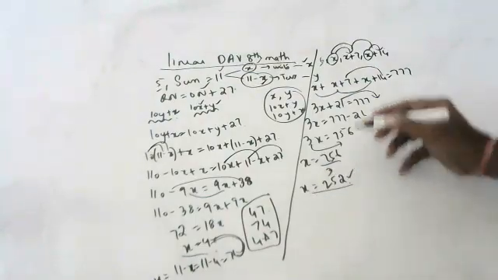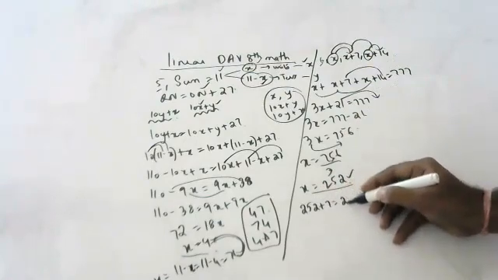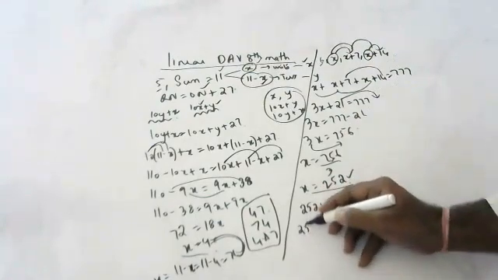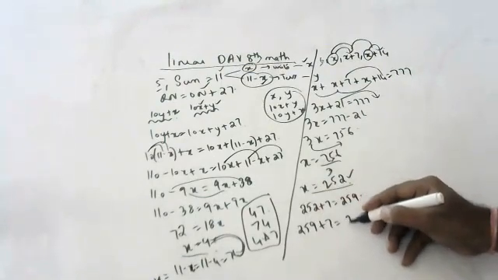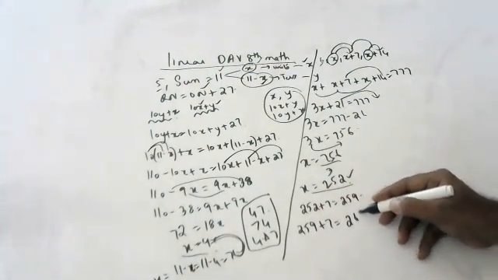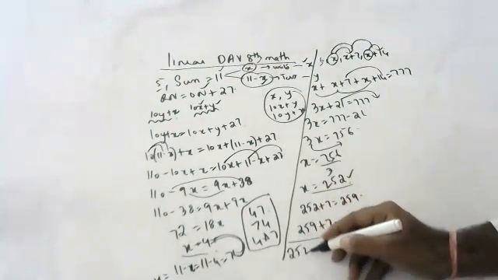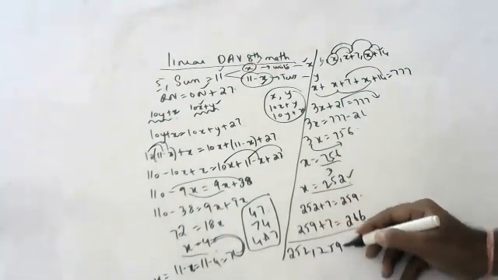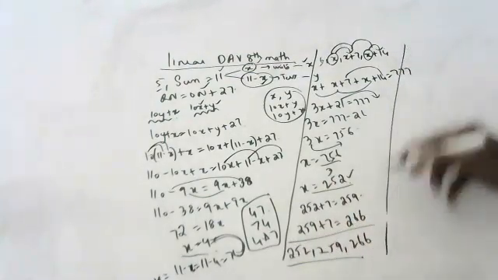What is the next number after 252? 259. What is the next number after 259? 266. So the three consecutive multiples of 7 are 252, 259, 266.